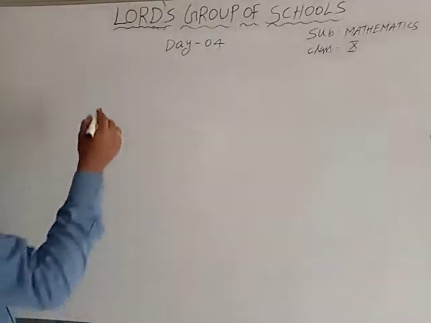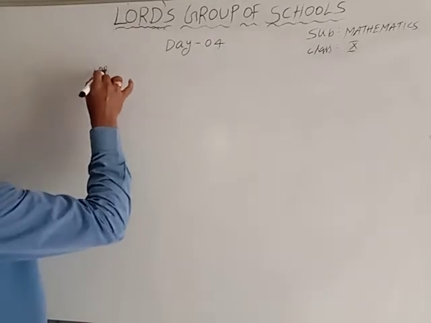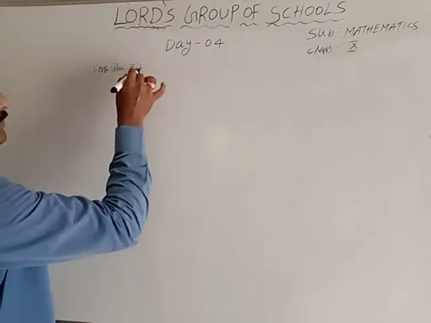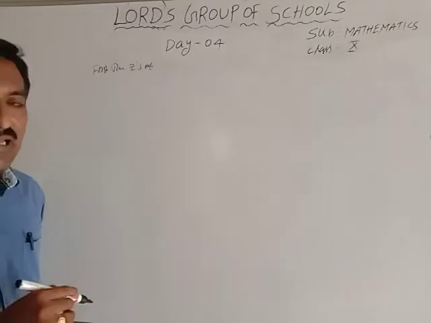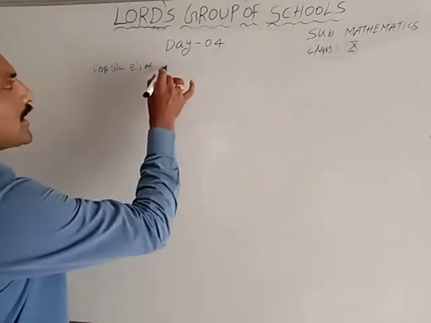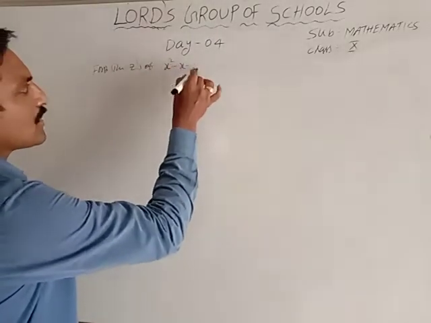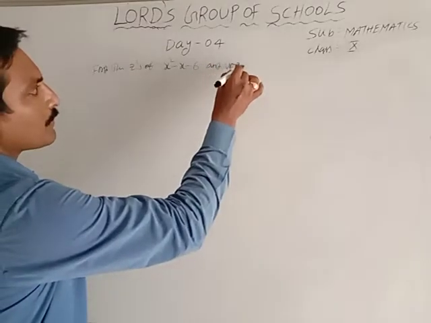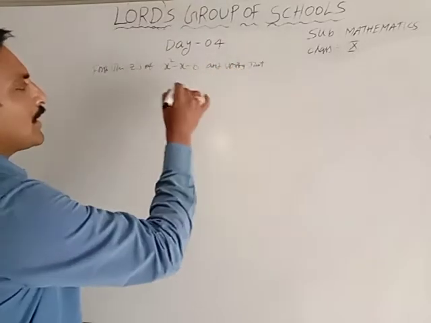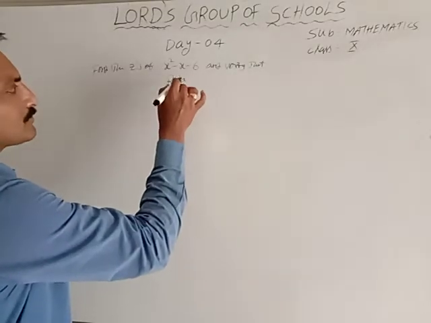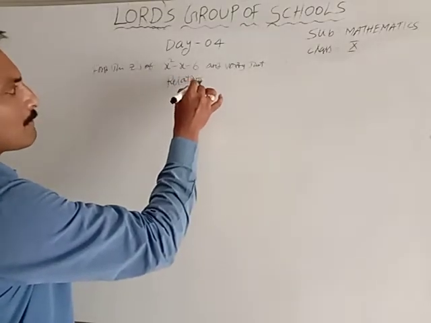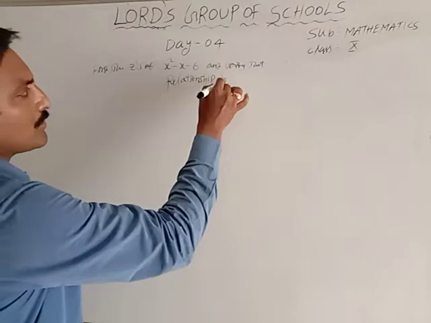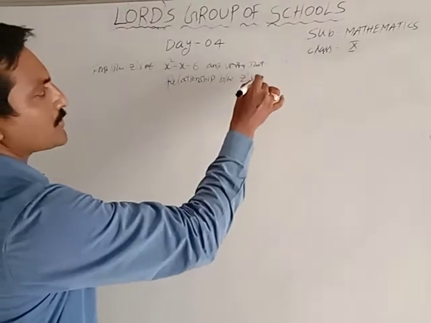Find the zeros of x square minus x minus 6 and verify the relationship between zeros and coefficients.